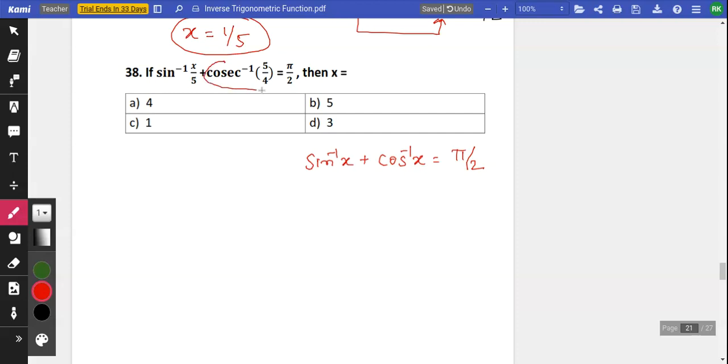Now I am trying to convert this term in terms of cos inverse. Cosec inverse 5 by 4. Now we suppose this term as theta, and cosec theta is equal to 5 upon 4.